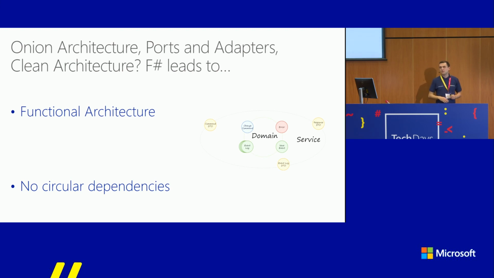So at least in different modules, you cannot define types which reference each other. At first it might look limiting, but that's actually a great feature because if you define your domain first and then you define all the rest, none of your junior developers can go to the domain and start typing service method calls. That just doesn't compile.